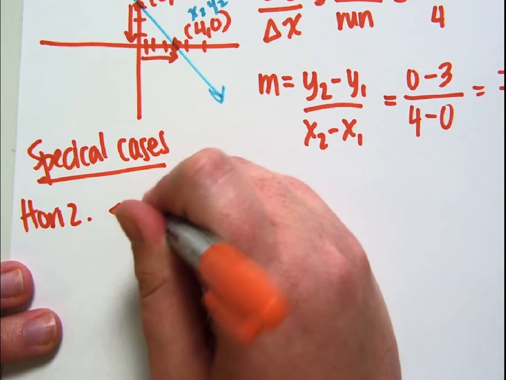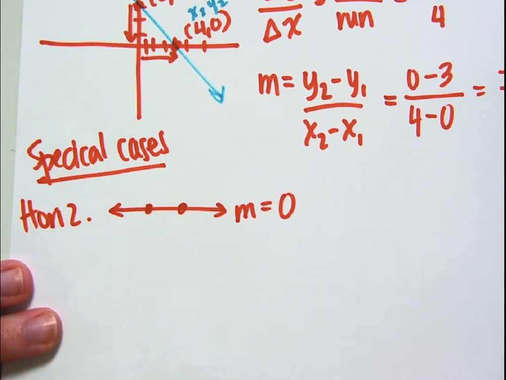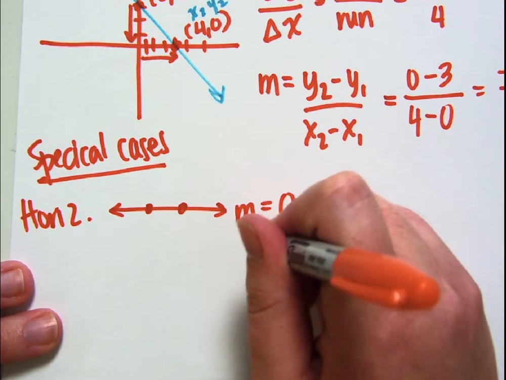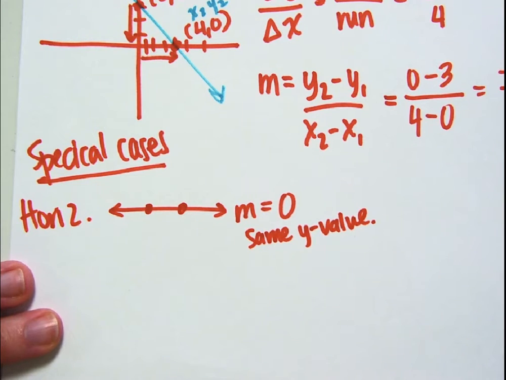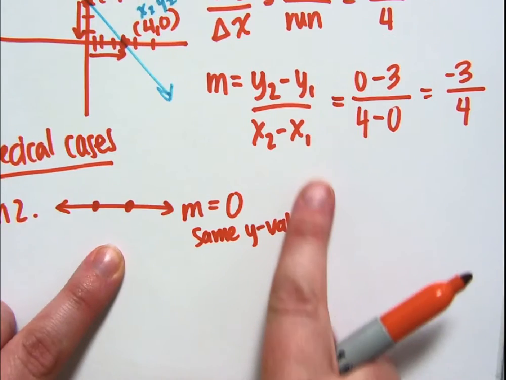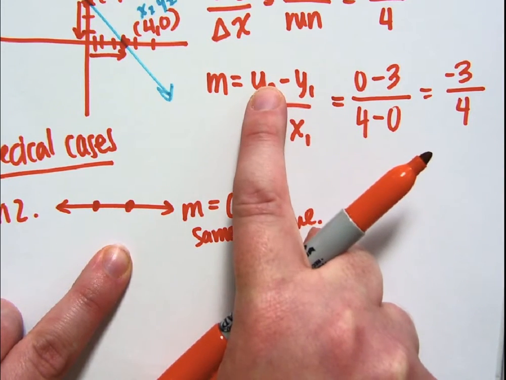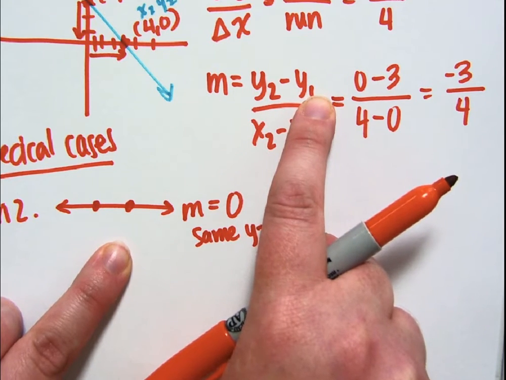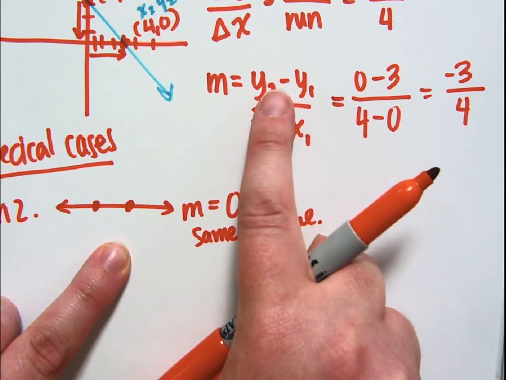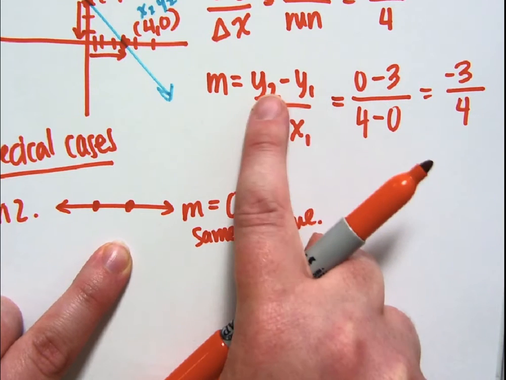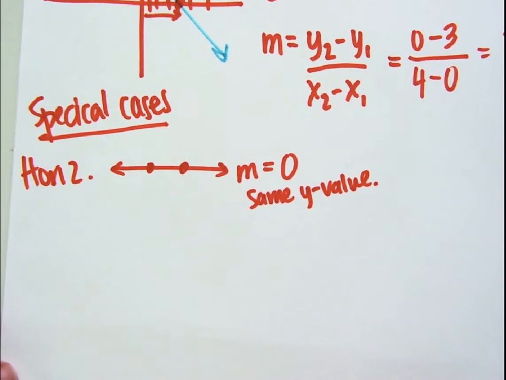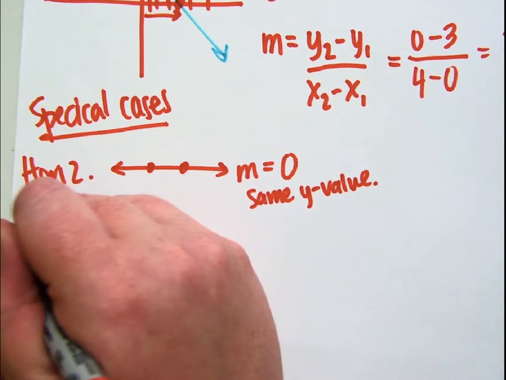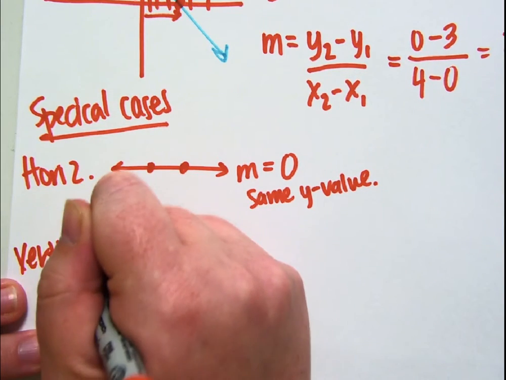That's because if we pick out two ordered pairs along this line, they're going to have the same y value. So in our slope formula, if y2 and y1 are the same value, 5 minus 5 or 7 minus 7, it's going to end up being 0 in the numerator, so your slope would always be 0.